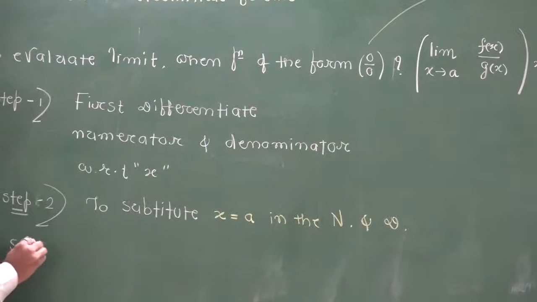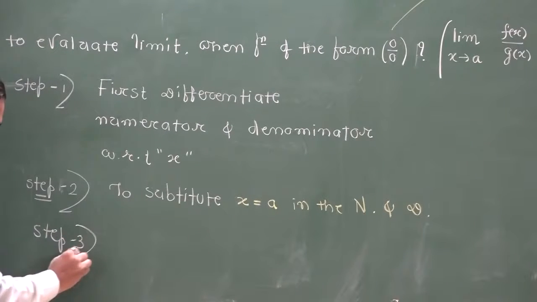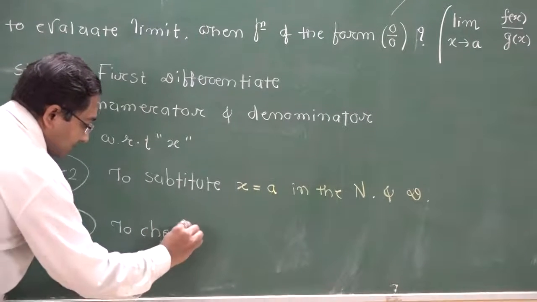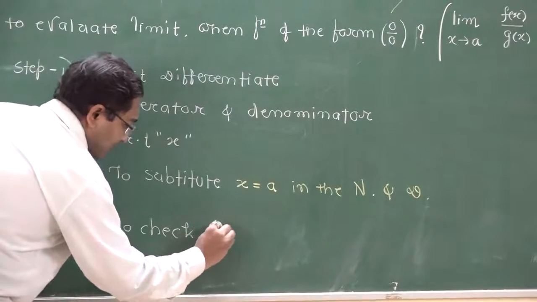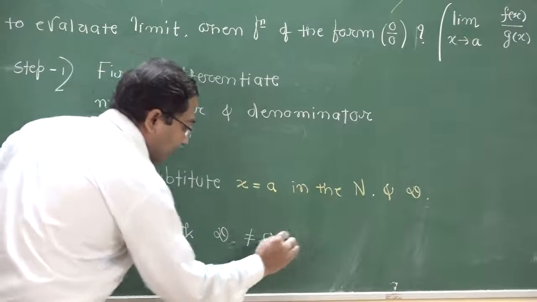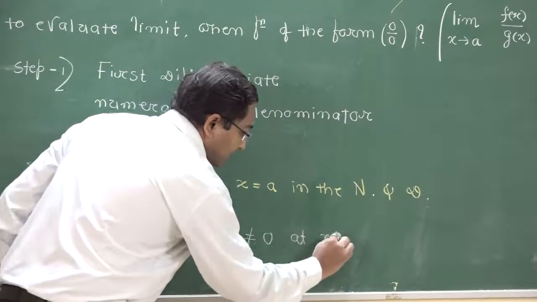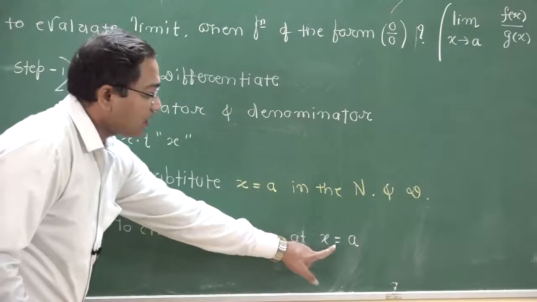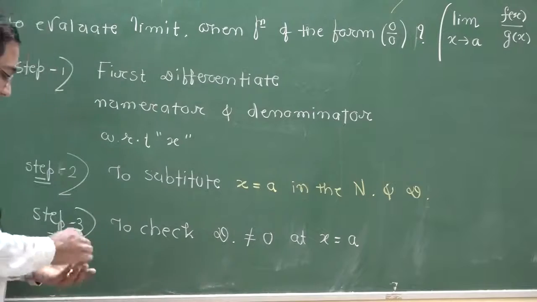Step 3, check that the denominator is not equal to 0 at x equal to a.